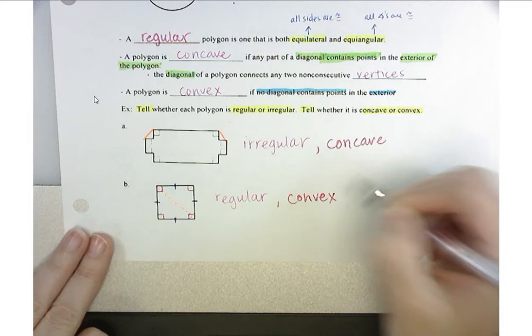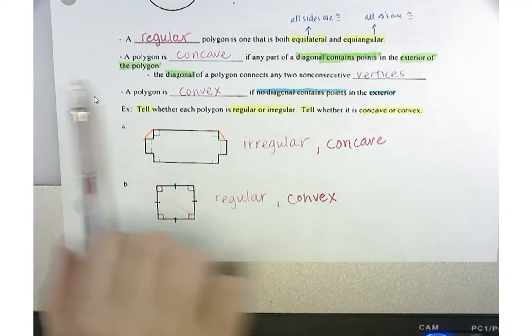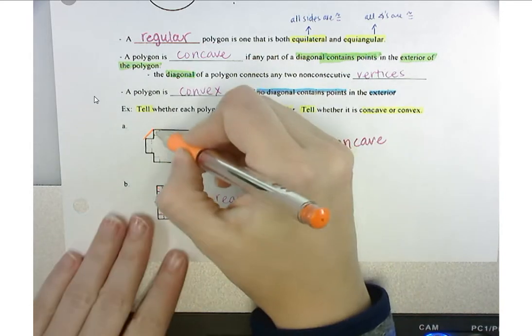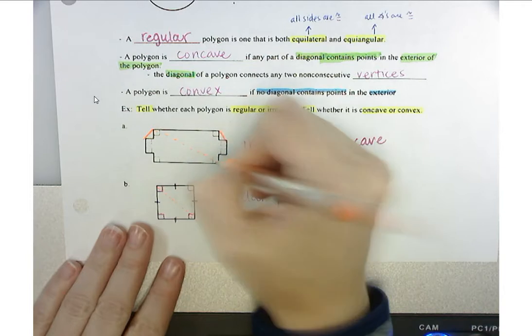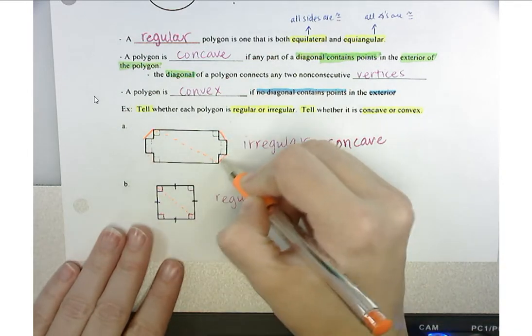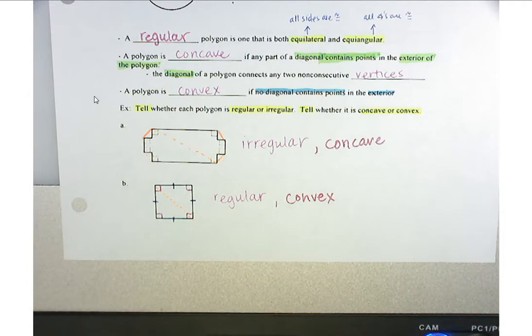Convex is not going to have any of these nooks here. And like I said, here you can draw ones that are inside, but you can also draw all of these diagonals that are outside the shape, which is how you can prove that it's concave.